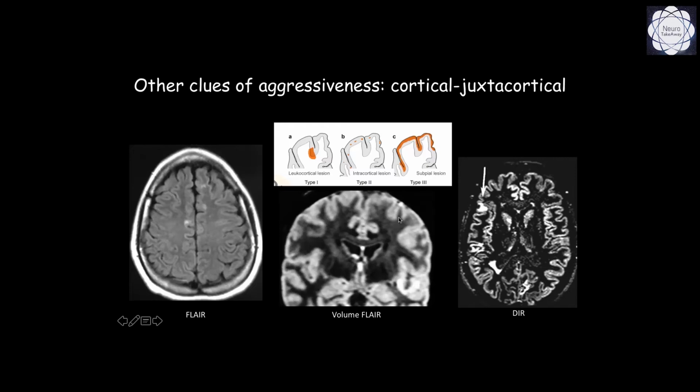I would like to mention that there are 3 types of cortical lesions: the leukocortical type, which is the most frequently detected by MRI with a 3T equipment, but there are also small intracortical lesions, or subpial lesions, which are very, very frequent, but unfortunately we can't detect them unless we have a 7T unit.